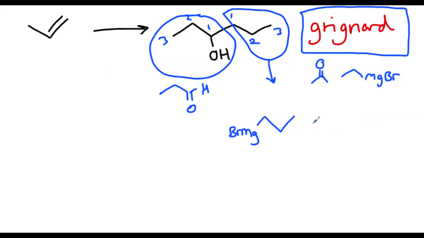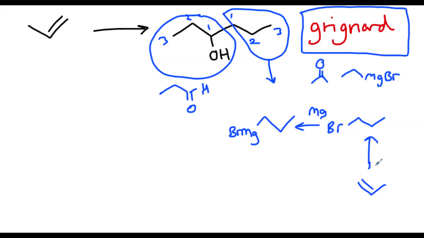If I want to make a Grignard reagent, does anybody remember the functional group I have to start from? Well, it's an alkyl halide, right? And in this case, it would be 1-bromopropane that I'd add magnesium to. And can you guys see that I can make 1-bromopropane from my starting alkene?